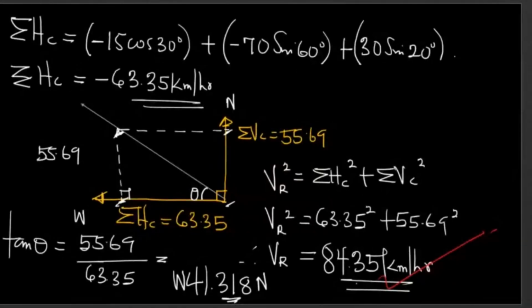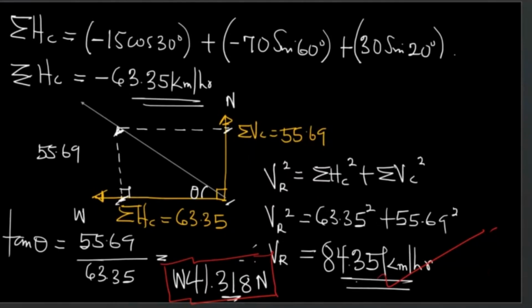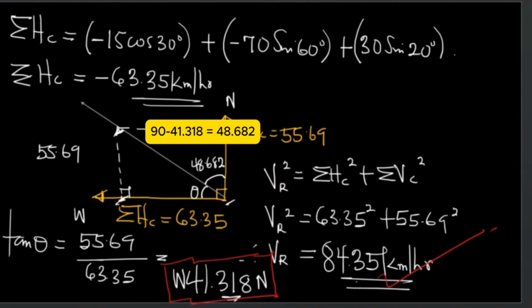So if I want to write this now, it's going to be west 41.318 north. That is how I'm going to write the angle. You subtract that angle from 90 degrees, it's going to give you what? 48.68, right? So this angle here is 48.682.